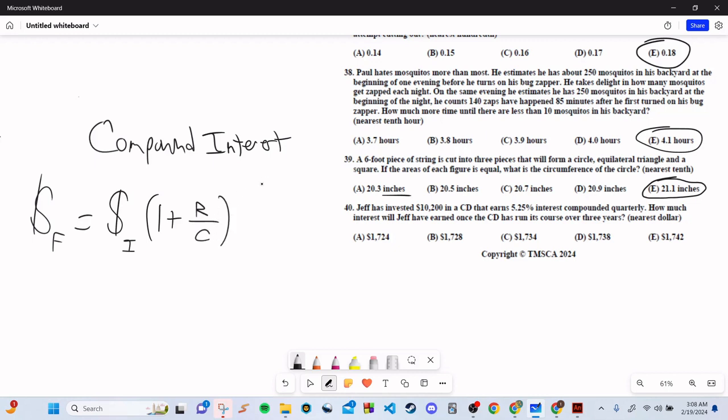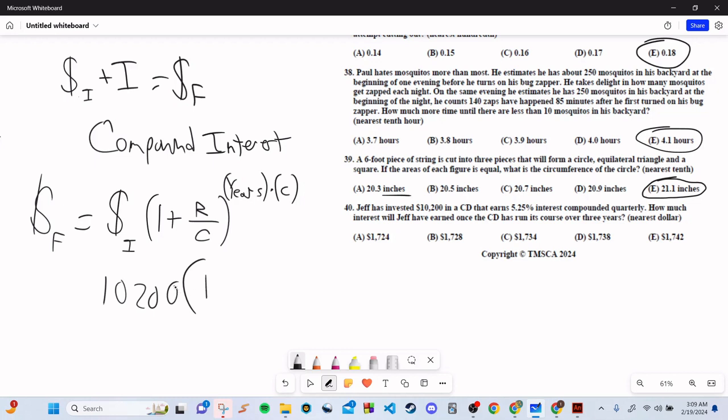So we'll represent that by C. Raised to the power of years times how many times you're compounding it. And keep in mind, your initial amount plus your interest is equal to your final amount. So once we get this value, we need to subtract the initial value that you put in, which was the 10,200, to get the interest.